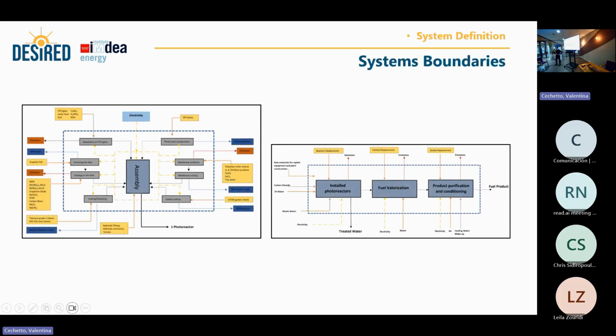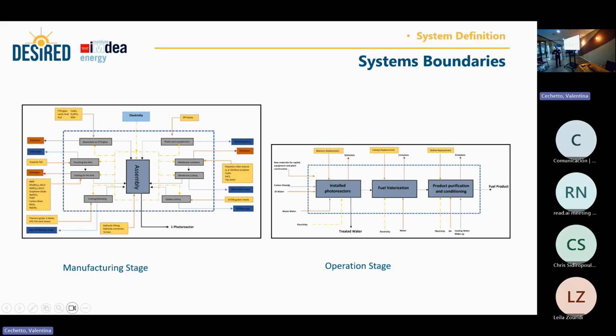For any kind of life cycle assessment or life cycle sustainability assessment, we need to define the system, and we define it with the system boundaries. In this case, we have two different system boundaries: one for the manufacturing of the photoelectrochemical reactor, and the other for the operation stage. Inside each boundary, we have all the activities and processes needed to manufacture the reactor in the first, and to operate the system in the other.